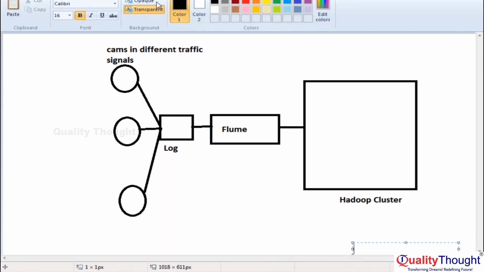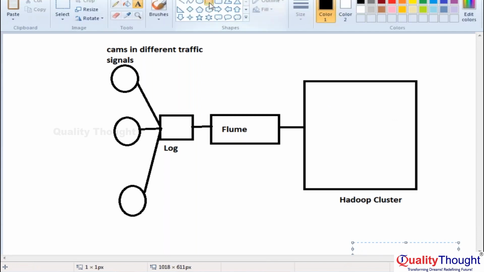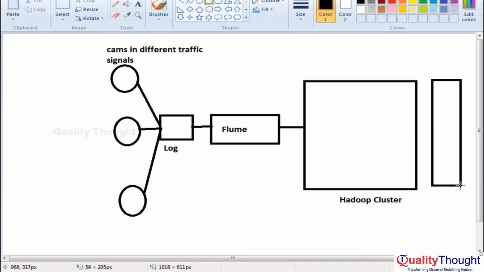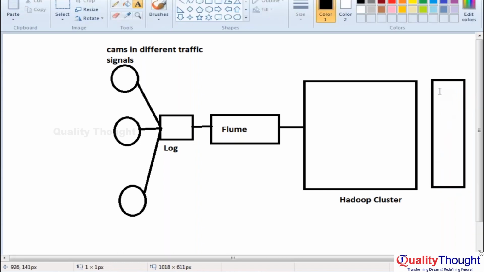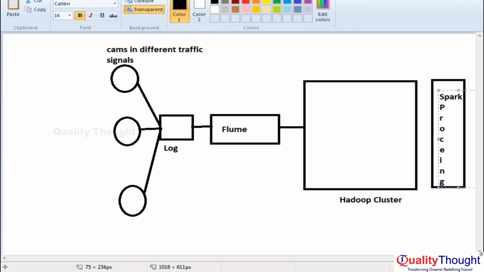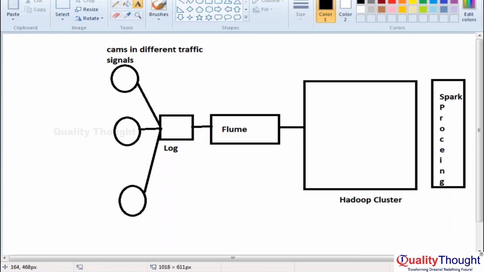Then we write some processing application. Say we write a Spark processing application.